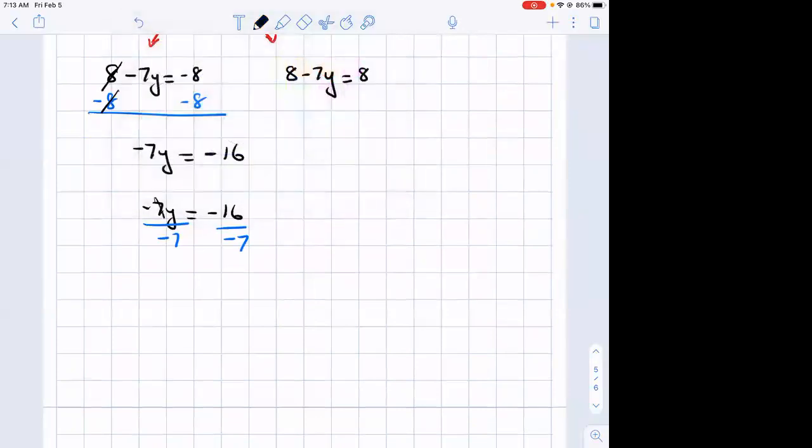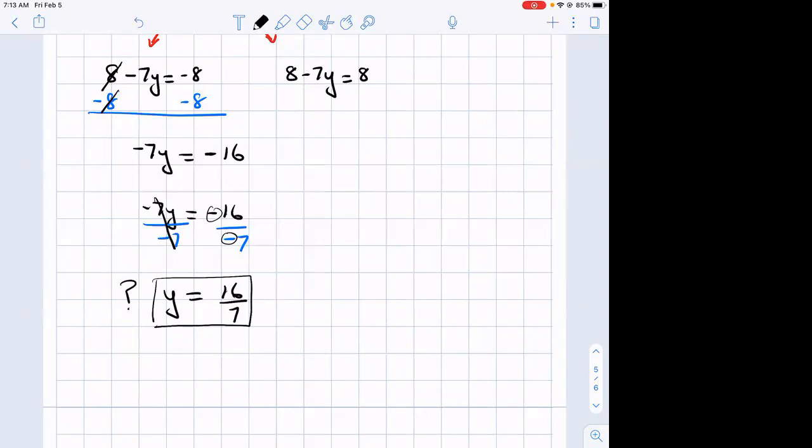The negative 7s will cancel. y is equal to 16 over 7, because the two negatives become a positive when you divide. So this is one possible answer. We'll check it in a minute.